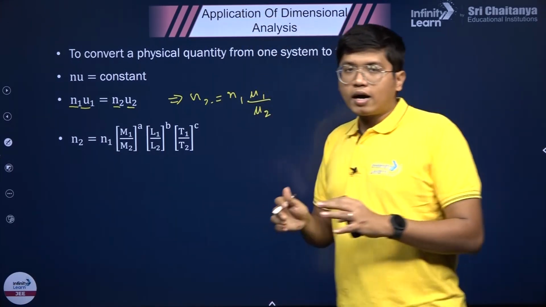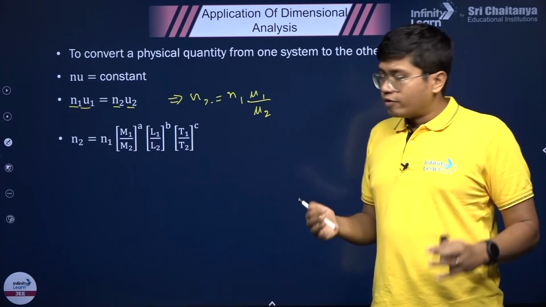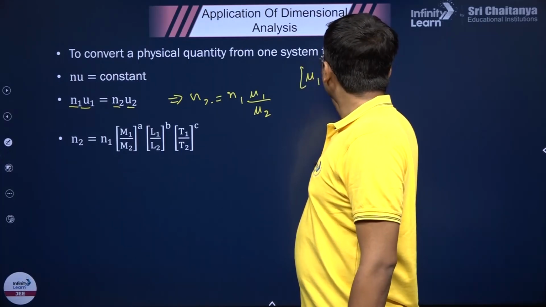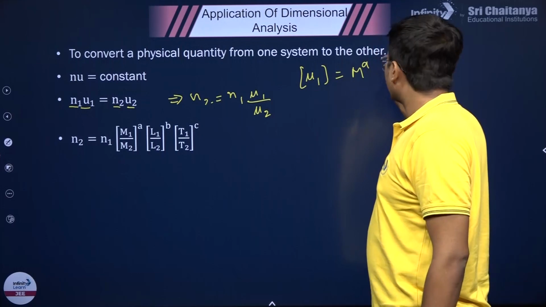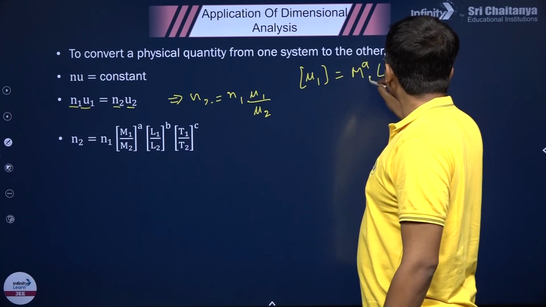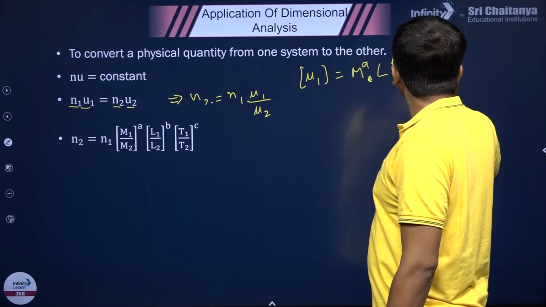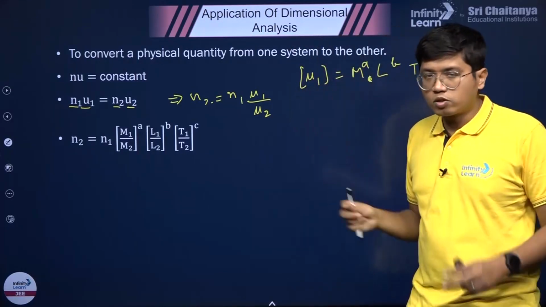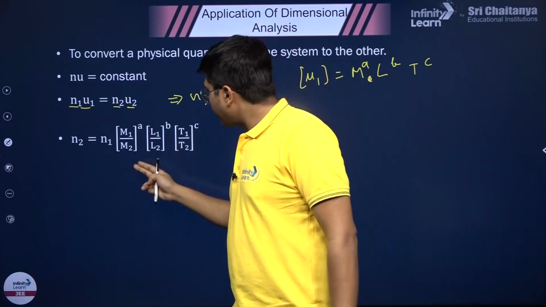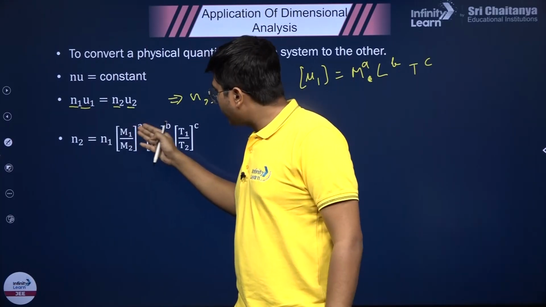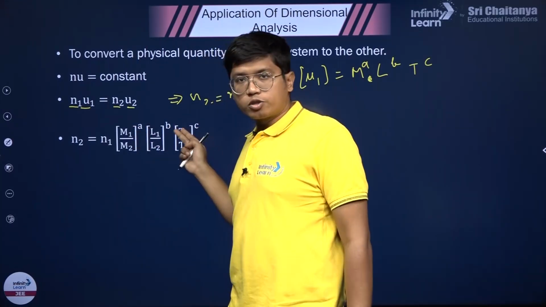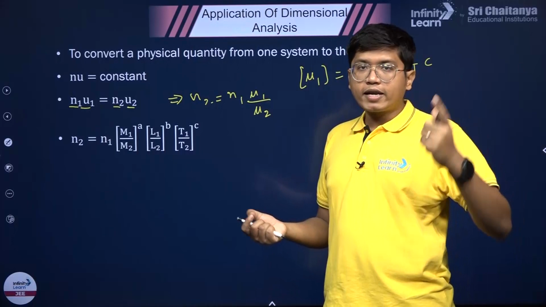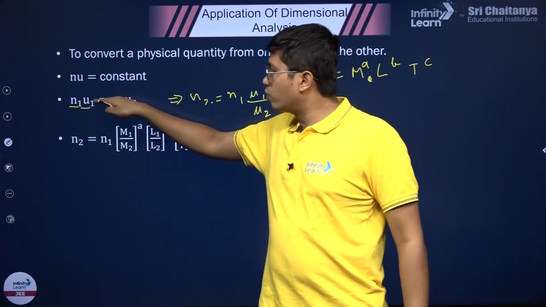Now U1 and U2 are the units, which means I can represent them in terms of dimensions. Say the dimensions of U1 are M to the power A, L to the power B and T to the power C. Then U2 will also have a similar dependence because they are the same quantity. So you can represent U1 by U2 as M1 by M2, L1 by L2, T1 by T2, all raised to their powers, where M1 is the fundamental unit of mass in that U1 measurement.